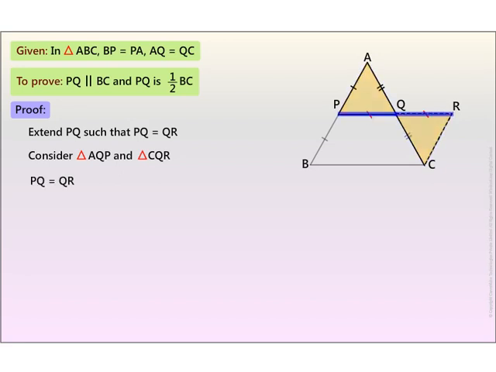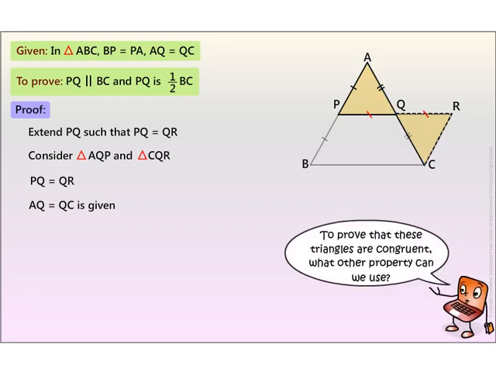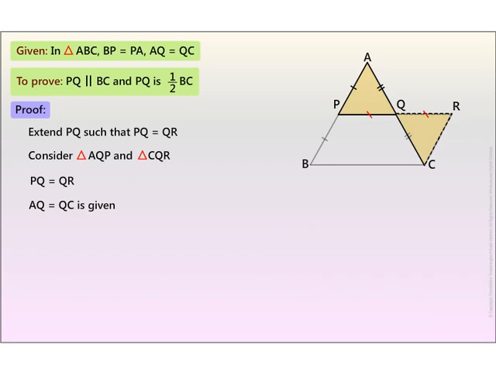PQ is equal to QR by construction. AQ is equal to QC is given. To prove that these triangles are congruent, what other property can we use? Yes, angle AQP is equal to angle CQR as they are vertically opposite angles. So, using SAS criterion of congruence, triangle AQP is congruent to triangle CQR.